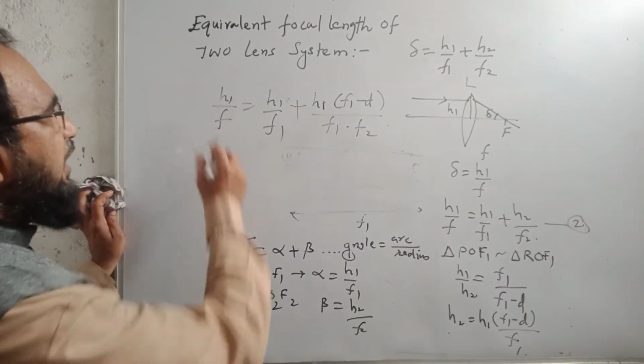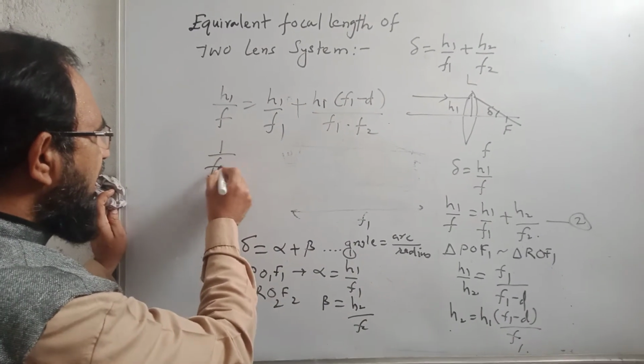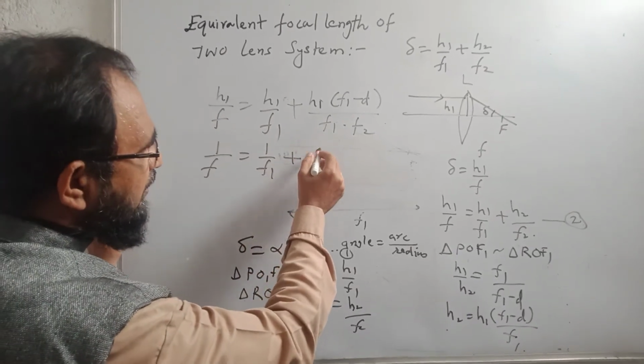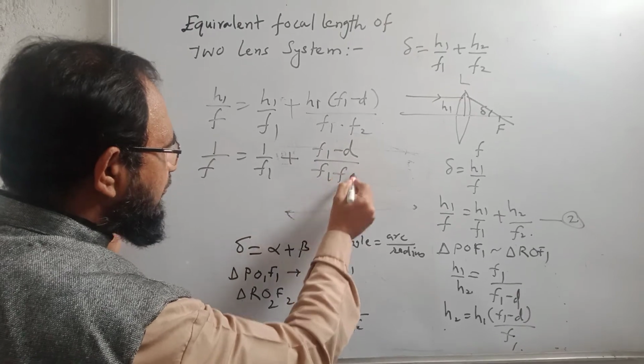Now H1 is divided by H1 and gets cancelled. You get 1 by F is equal to 1 by F1 plus F1 minus d upon F1 F2.